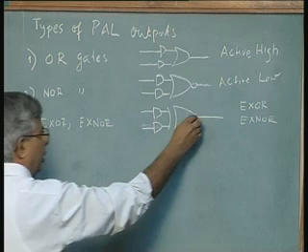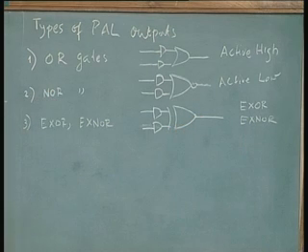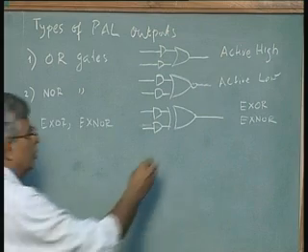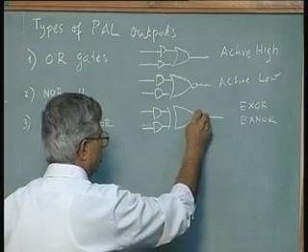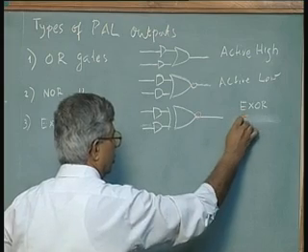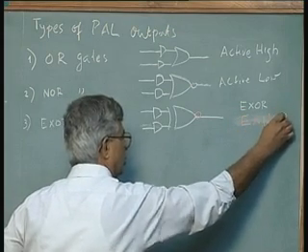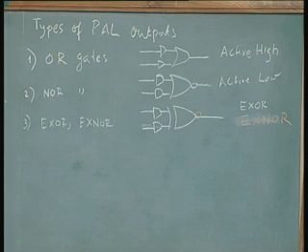If it is XNOR, I have to put an inverter, so I will put this bubble with a color. If that bubble comes, it becomes XNOR. More interestingly, you can also have an output called a registered output.